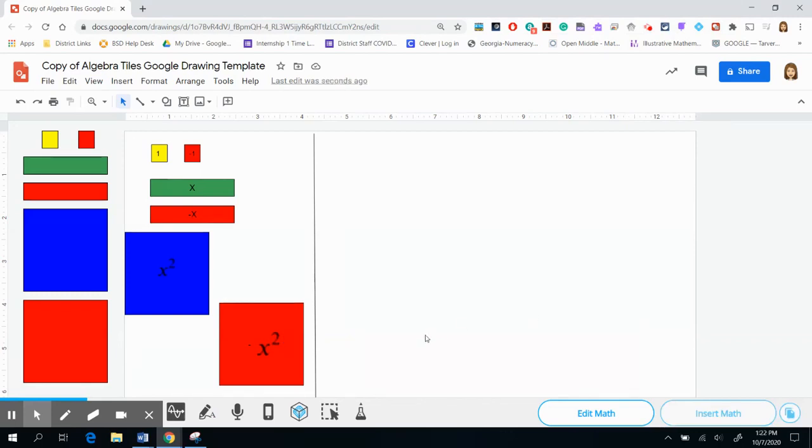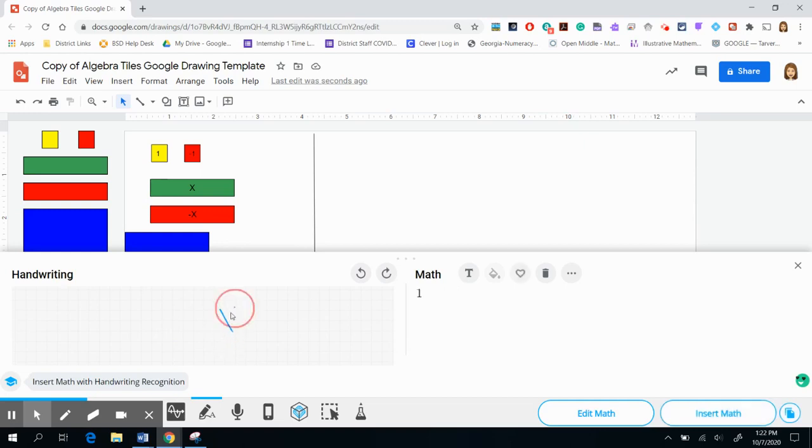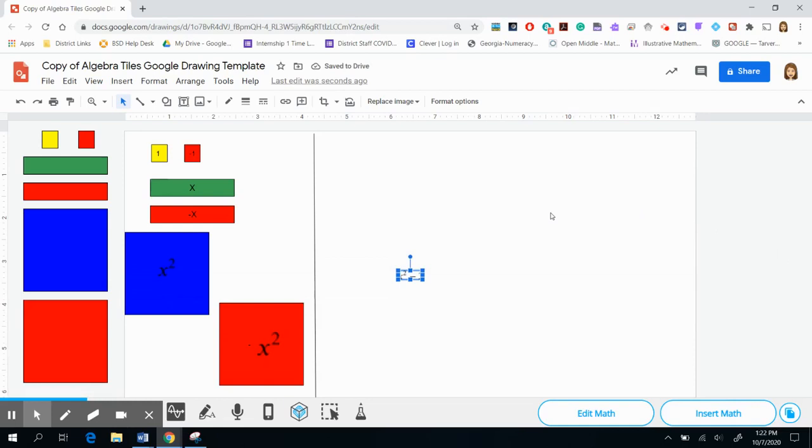We're going to take a look at another series of algebraic expressions. So we're going to start with x squared minus 3. Put this up here at the top of my Google Drawing.